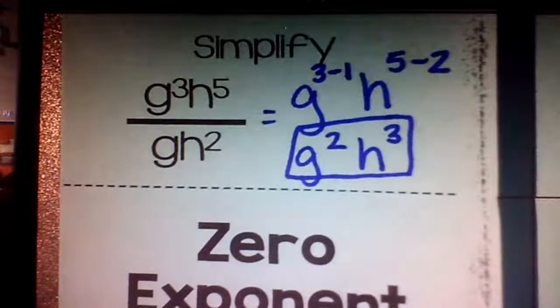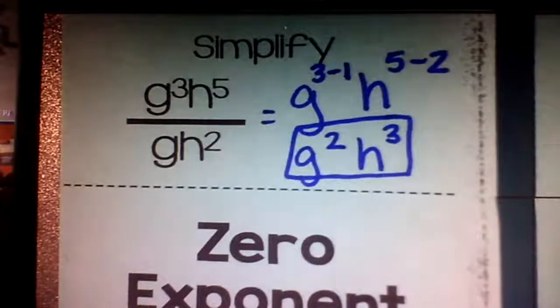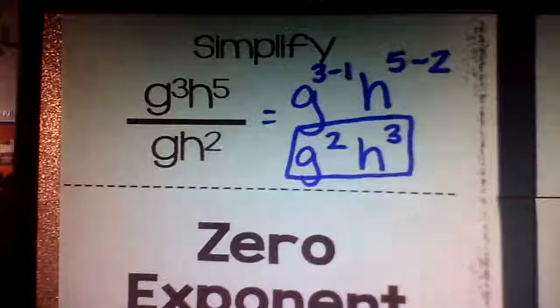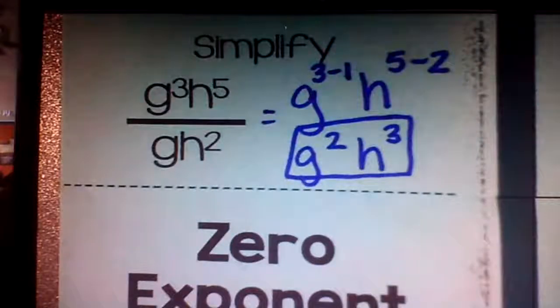Why would you subtract? Okay, so I can write this out. Let me show you what this looks like written out and why we came up with these rules. My problem was g to the third, h to the fifth over g, h to the second. I can technically write this out longhand. G to the third means I have 3 g's.